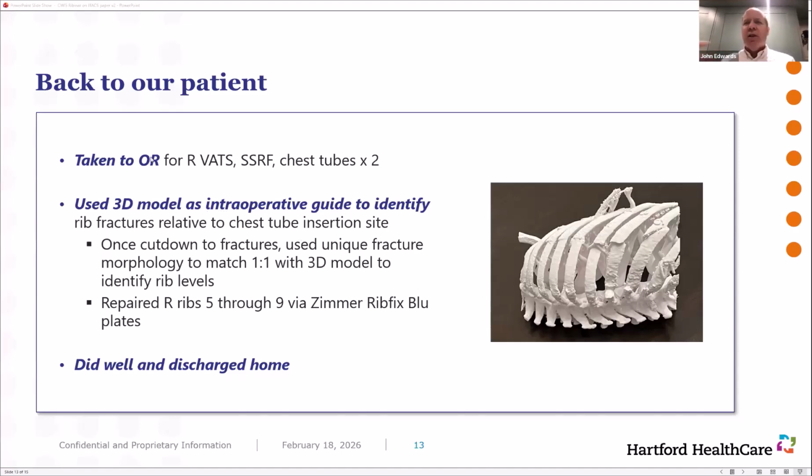For some reason, it doesn't allow us to use the 3D recons to drop points and measure between them. You have to do that in planar images, which is a bit of a pain. So again, when I've had a complex non-union to look at gaps, look at where fractures lie, and think about what plates to use, I found that invaluable.